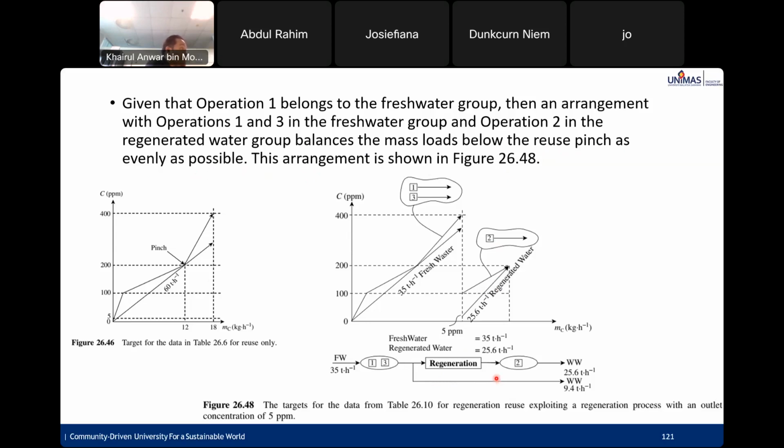In this case, stream 1 will receive 4,000 grams per hour of fresh water. Stream 3 is 3,000 grams per hour of fresh water. And stream 2 will be regenerated for use.